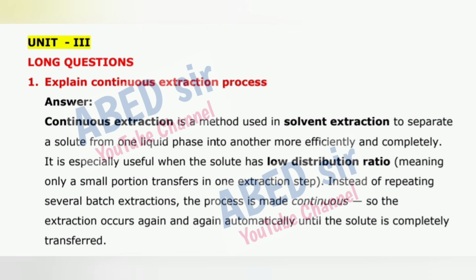It is especially useful when the solute has low distribution ratio, meaning only a small portion transfers in one extraction step. Instead of repeating several batch extractions, the process is made continuous, so the extraction occurs again and again automatically until the solute is completely transferred.